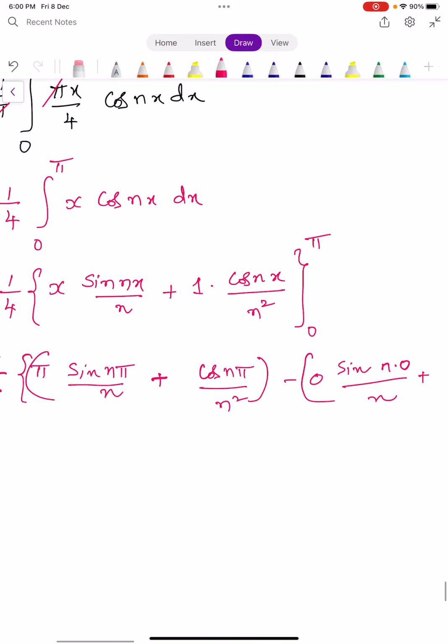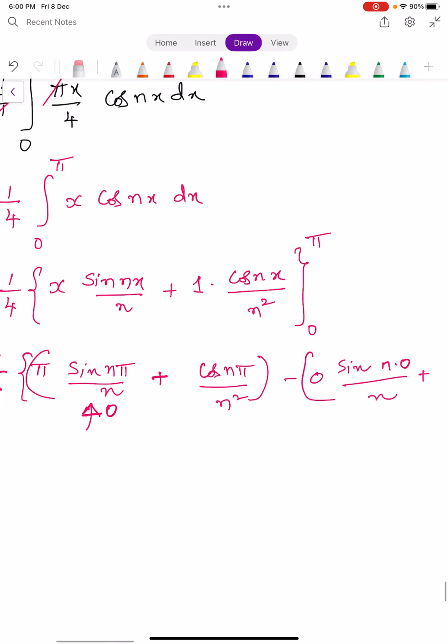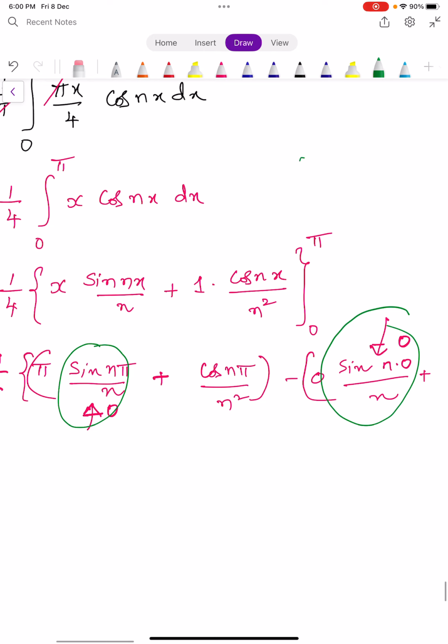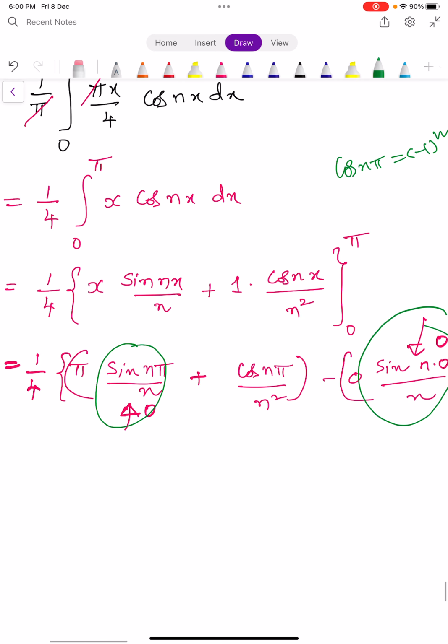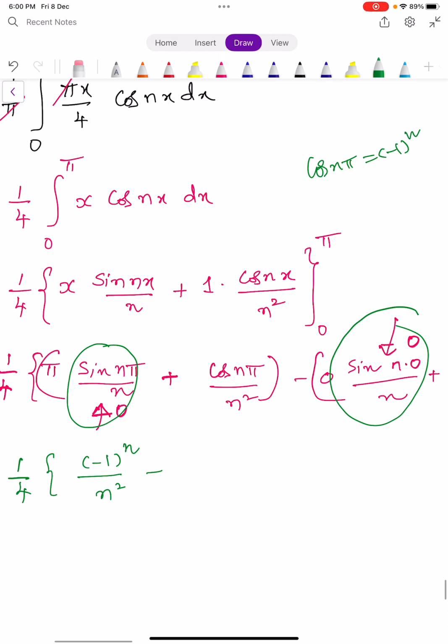Apply both the limits. Here sin n pi is 0, sin 0 is 0. So this term completely vanishes, it becomes 0. This term also becomes 0. And already we know that cos n pi equals minus 1 power n. So you simply get here 1 by 4 times minus 1 power n by n square minus 1 by n square.